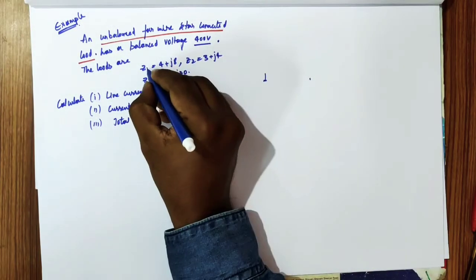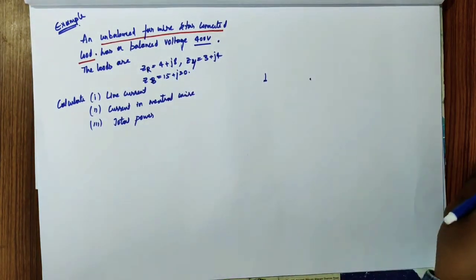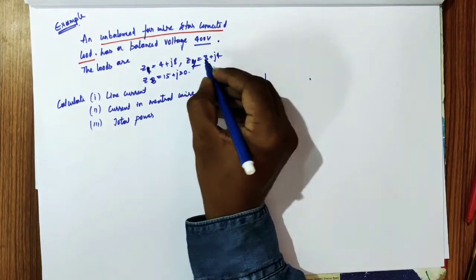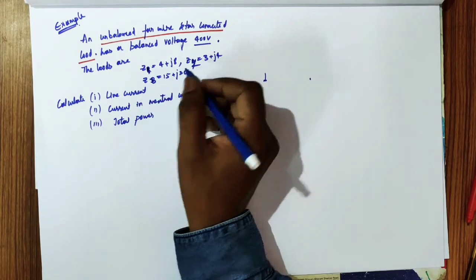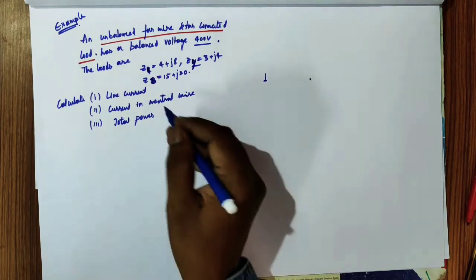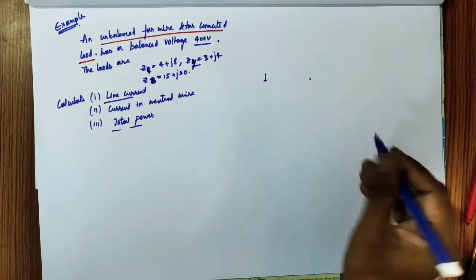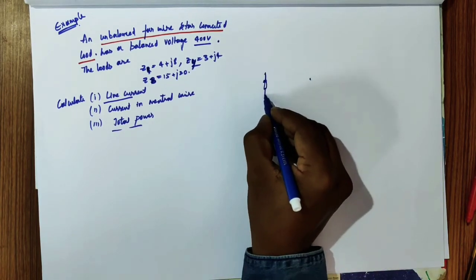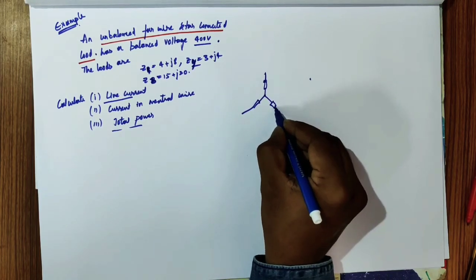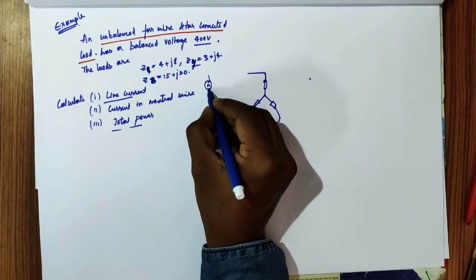I'm taking ZR, ZY and ZB values, and we are asked to find the line currents, the current in the neutral wire and the total power. So I'm drawing the load here. This is the 3-phase 4-wire system, and a supply like this.